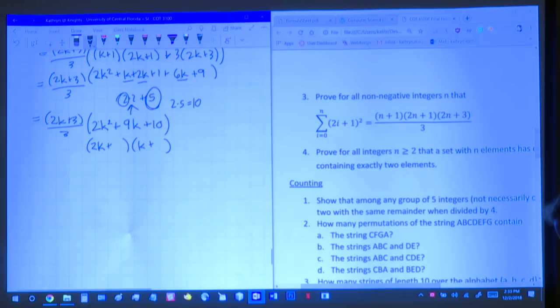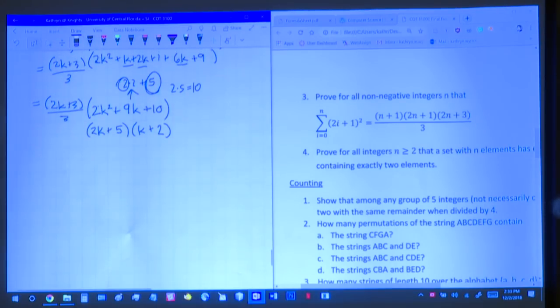So the 2 would have to be in the other one, so it would get multiplied by the 2k, and then the 5 would have to be in this one. And if we were to redo this out, we would get 2k squared plus 4k plus 5k plus 10. And that would all simplify to this again.